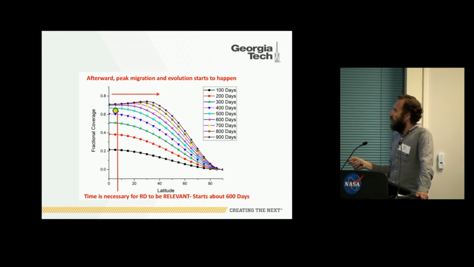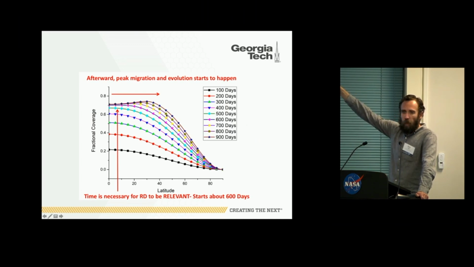And now you reach a steady state scenario where everything that you're putting in is leaving, so you're not going to add anything to this. However, the further north you get, the latitudes are slightly colder, and there's also less flux hitting the surface. So it takes a little bit longer to reach that state, and that's why you see this peak migration happening right here.